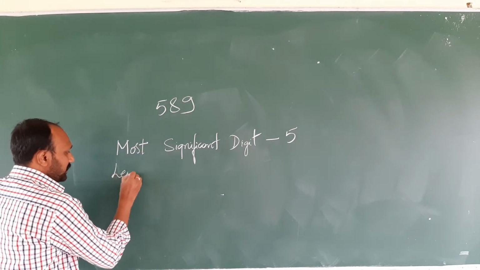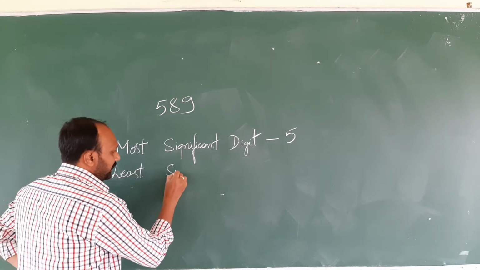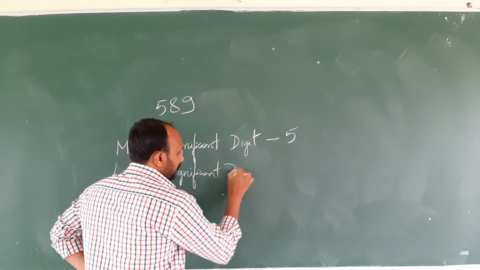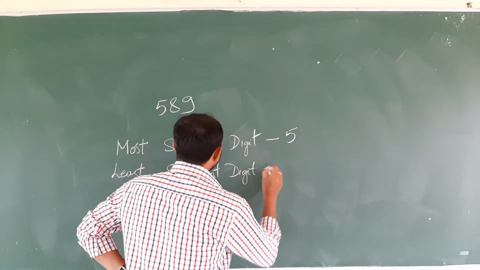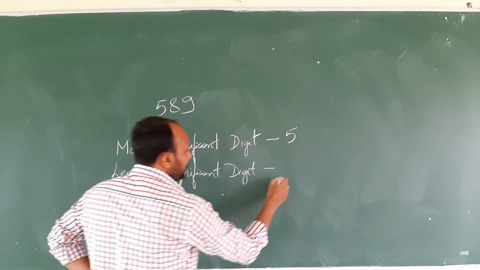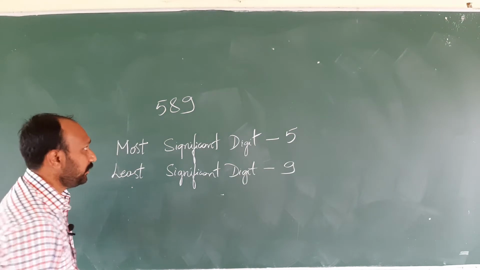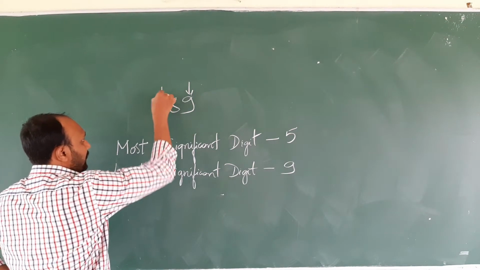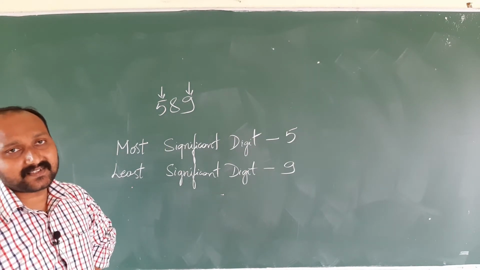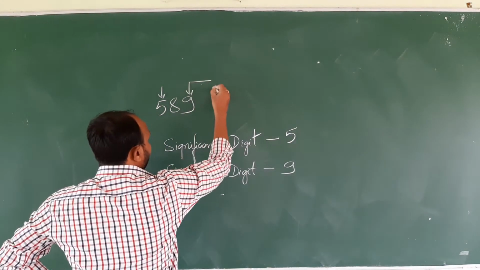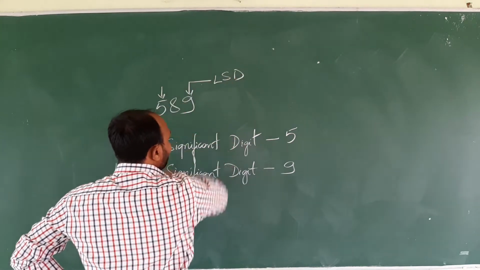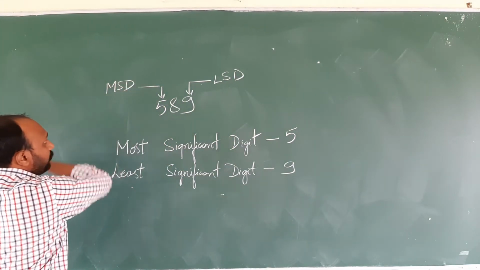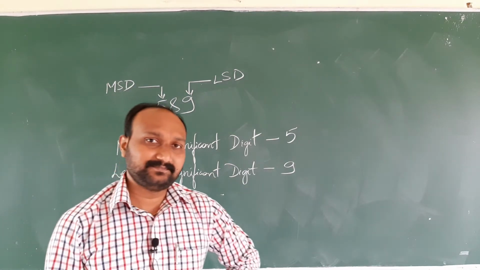Followed by that, which has the least significance in this number? The least significant digit among all these digits is 9. So 9 has the least significance, but 5 has the most significance. 9 is referred to as LSD, the least significant digit, and 5 is referred to as MSD, the most significant digit.